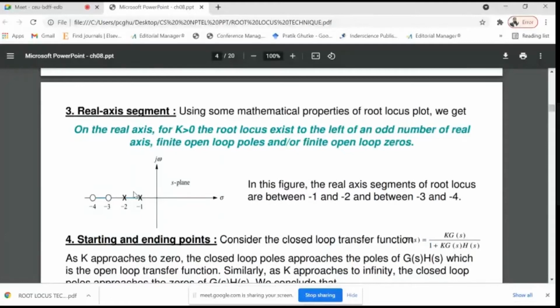In this case, the cross sign indicates poles. Means in the transfer function, there will be one pole at -1, and another pole at -2. Means what will be my equation? In the denominator, there would be a term S plus 1 and then S plus 2. Are you getting? So poles are marked with cross sign on the real axis.